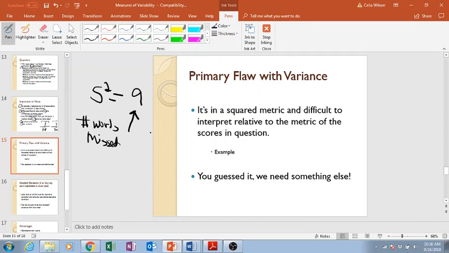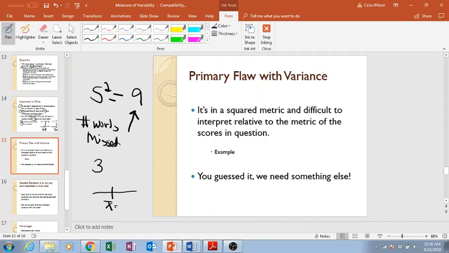So it's very hard to interpret. If we want to figure out how spread out that variance is, we're going to have to unsquare that 9. So that would be 3. So on average, kids are missing 3 words around the mean number of words missed.